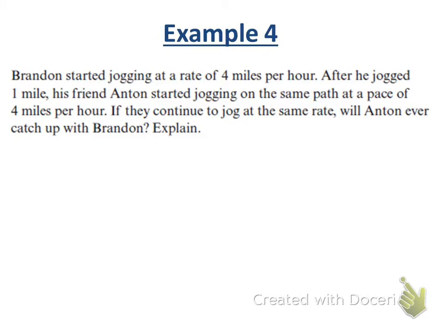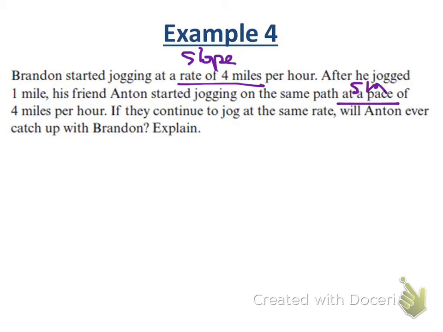Read this. Brandon started jogging at a rate of 4 miles per hour. Well, hold on, stop. Rate, slope. After he jogged 1 mile, his friend Anton started jogging on the same path at a pace of 4 miles per hour. Ooh, pace. What is that? Slope.